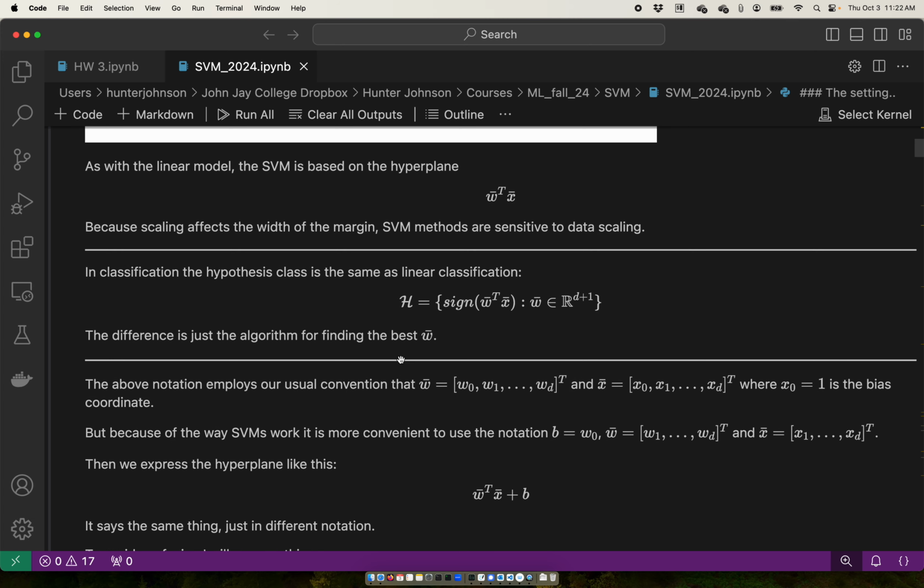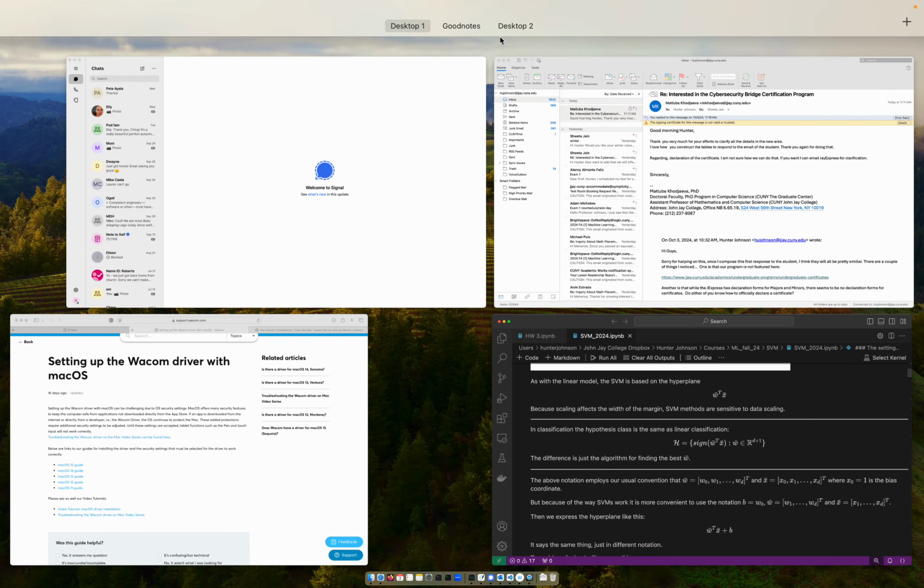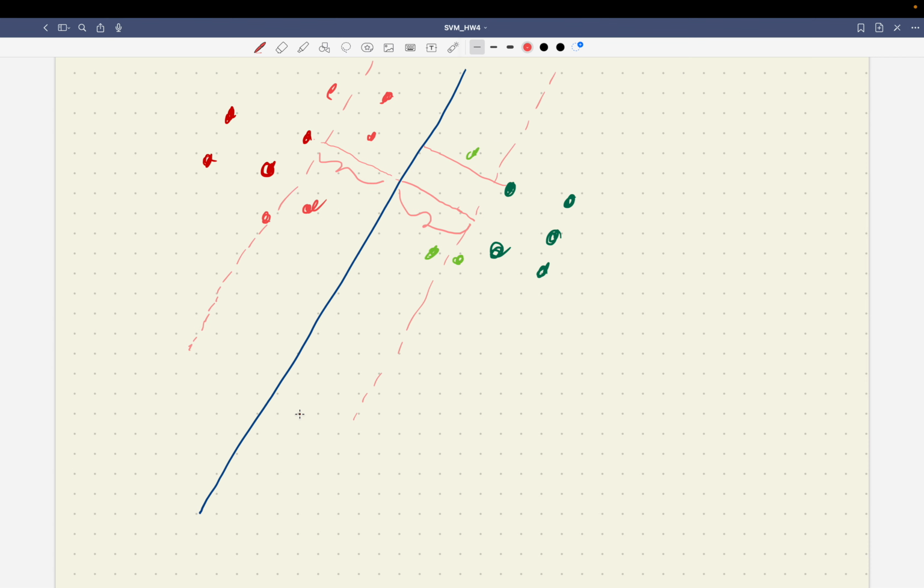Just like any other linear model, the support vector machine eventually finds this line, which is just w^T x = 0. In other words, w0 + w1x1 + ... + wMxM = 0. This describes a hyperplane.